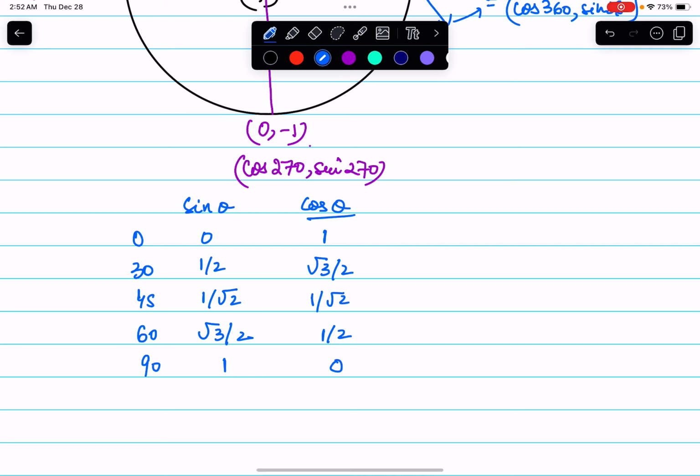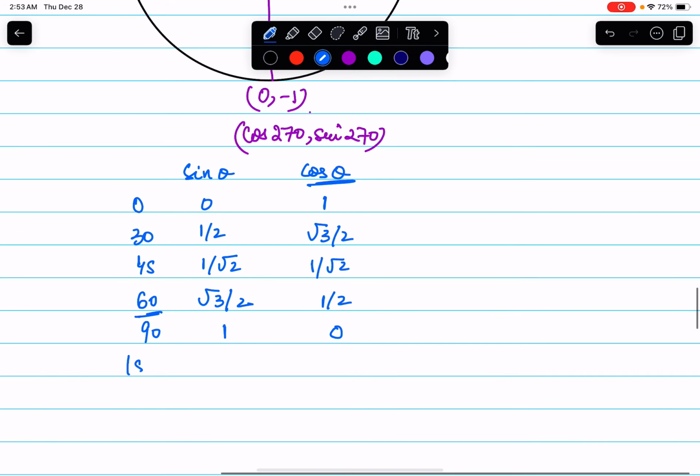So that's why, when you have cosine of theta, you can say, let's say cosine of 60 is 1 half, right? Or cosine of 30 is root 3 by 2, and so on. Okay? So that's basically how you do it. And then after this, the other angles you get are 180 and 360.